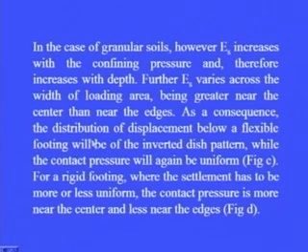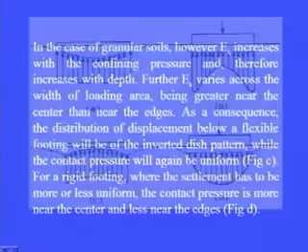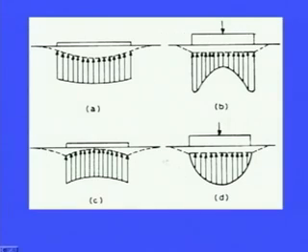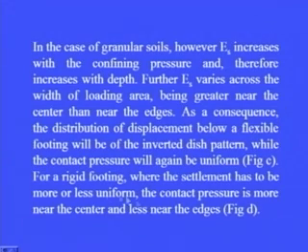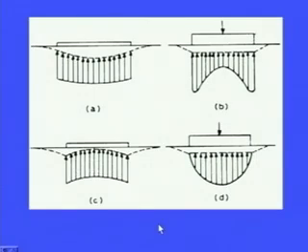As a consequence, the distribution of displacement below a flexible footing will be of inverted dish shape pattern, while the contact pressure will again be uniform as shown in figure C here. This is the figure. Then for a rigid footing, where the settlement has to be more or less uniform, the contact pressure is more near the center and less near the edges as given in figure D. So, this is the figure for the rigid footing on granular soils.